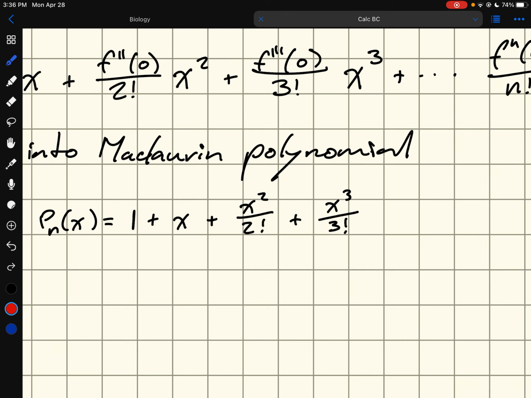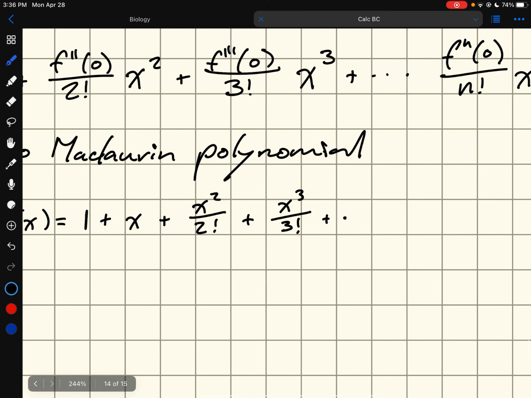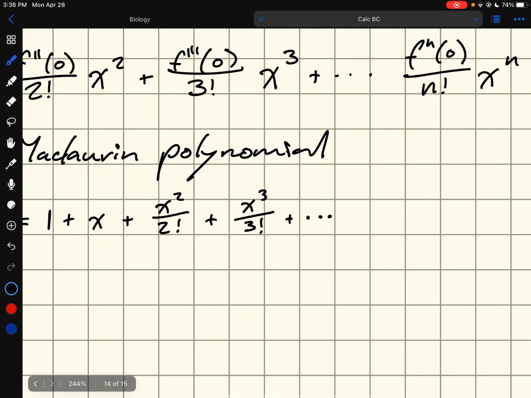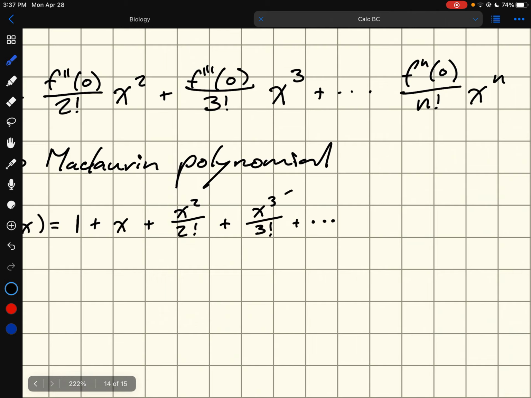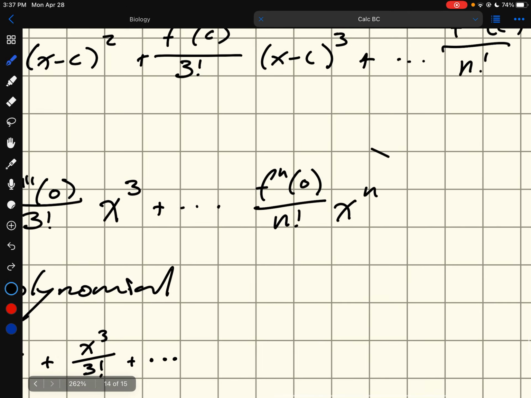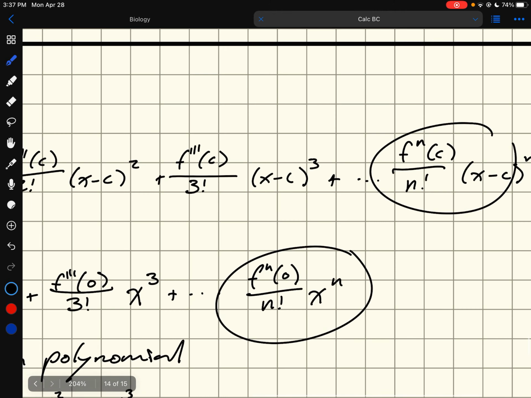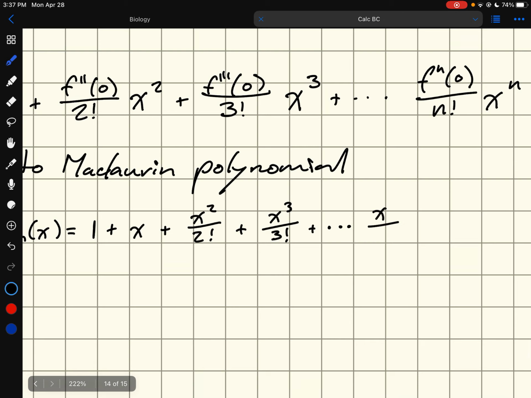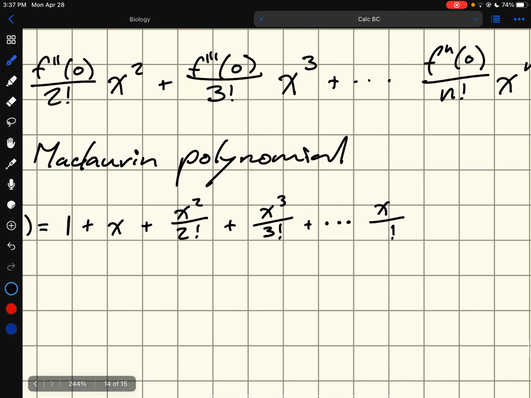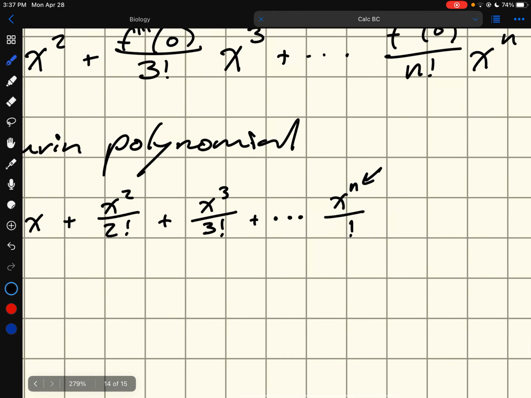So since we see this pattern emerging, we can write it using less specific numbers, so an n there instead, like how we did at the ends of these here. So as we can see, we have an x over some sort of factorial. And each time the x exponent increases by 1. So we're going to write an n there, because n is just the number of times you take the derivative.